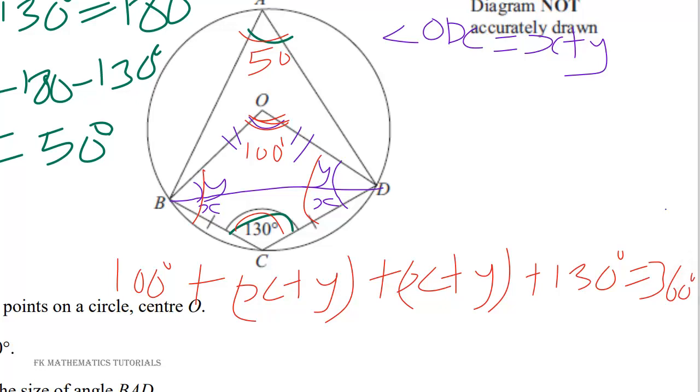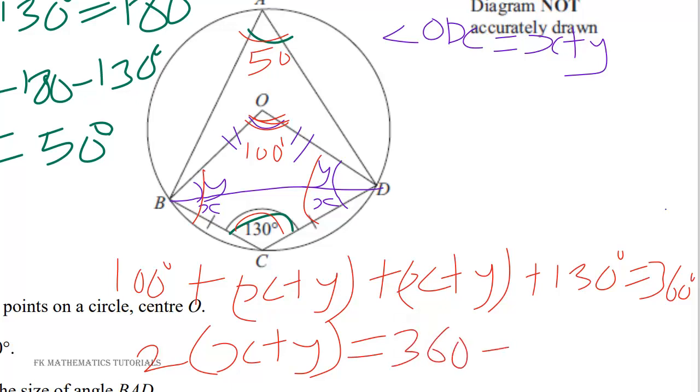So 100 plus 130 will be equal to 230. 2 times x plus y is equal to 360 minus 230.